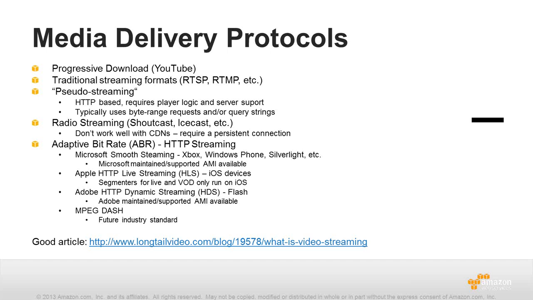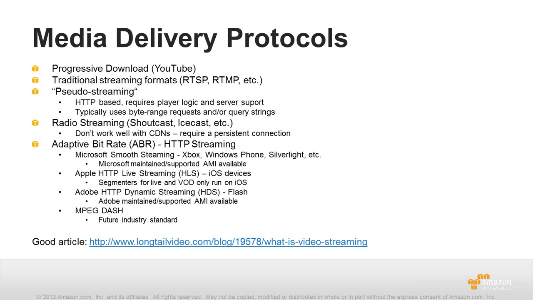But the idea is that you end up with multiple bitrates that are optimal for your target audience. And then once you have those bitrates available, there's also a file that's traditionally called the manifest file, which describes what those files are that are available and where the player can find those various chunks or segments of those files.